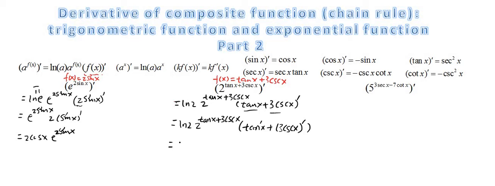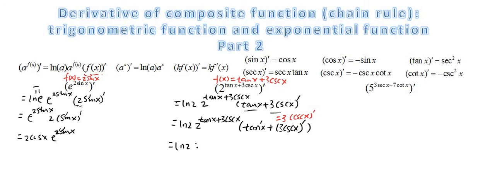Now let's take a look. It's very easy to figure out the derivative of tangent x, that is secant x squared, and for the second one we apply the constant multiple rule, right? We have 3, so we can pull the 3 out of the derivative.